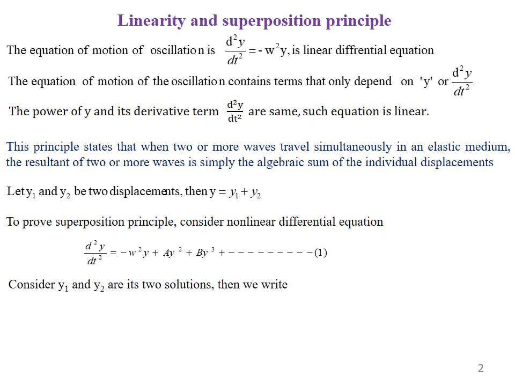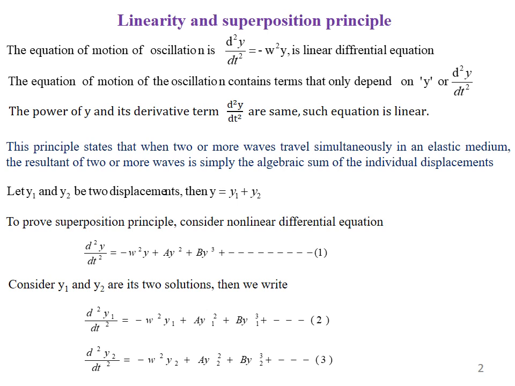Then for y1, equation 1 becomes d square y1 divided by dt square is equal to minus omega square y1 plus a y1 square plus b y1 cube, equation number 2. Then for y2, equation 1 becomes d square y2 divided by dt square is equal to minus omega square y2 plus a y2 square plus b y2 cube, equation number 3.